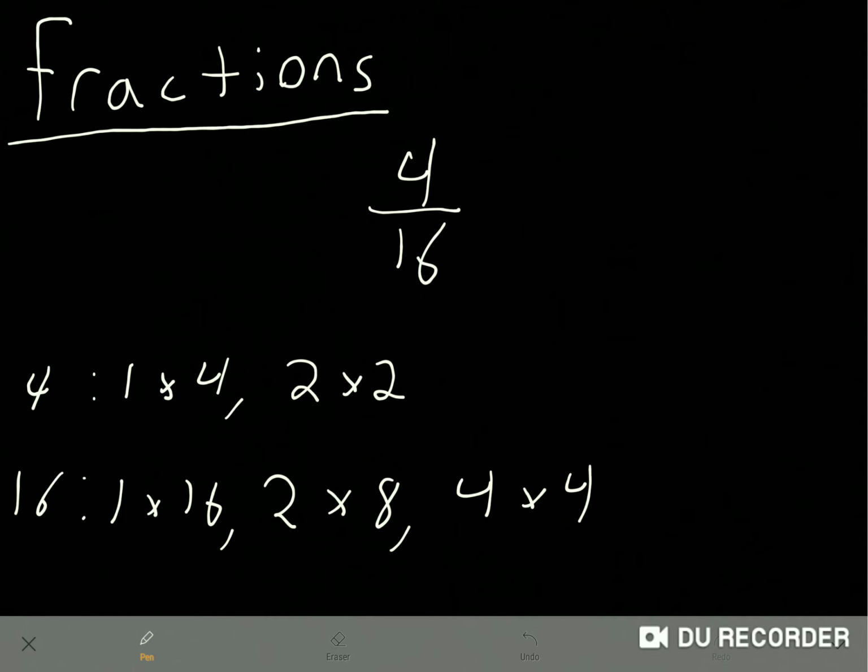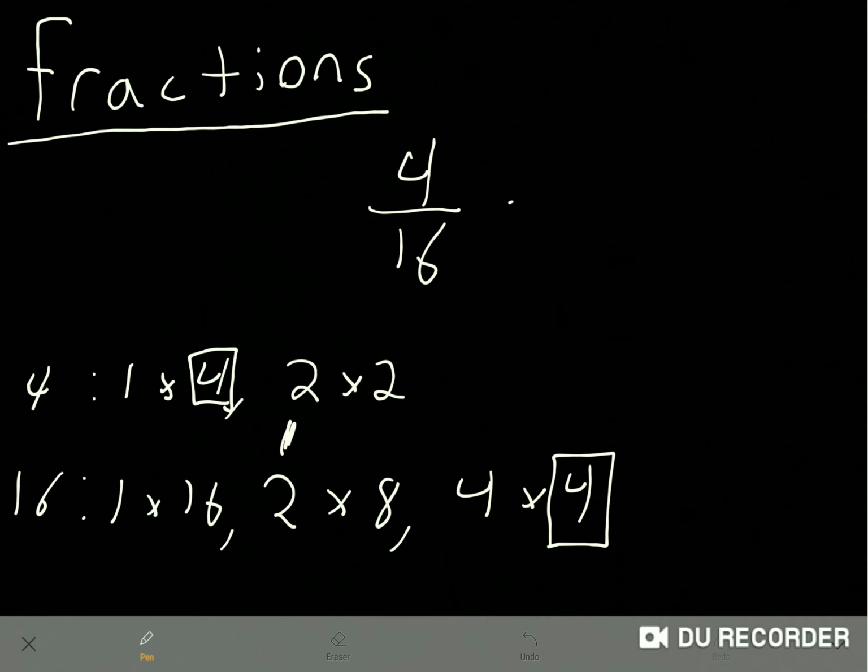Now the greatest number that they both share is 4. You see the 4 here, that can be used to make the 4, and a 4 here that can be used to make 16. So since we know that they both share 4, and 4 is the greatest common factor they have, because they both also share 2, but since 4 is greater, we want to use that so we can get it as simplified as possible, as quickly as possible.